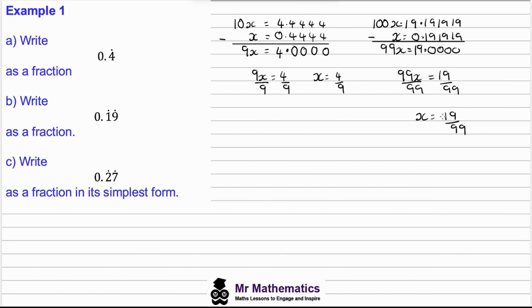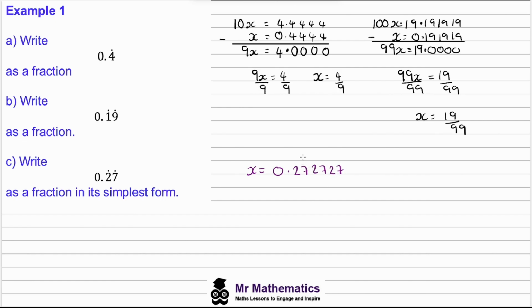Okay? Do you want to try and write 0.27 recurring as a fraction in its simplest form? You can pause the video and come back when you're ready. Okay, so we've got the 0.27. If we let this equal x, this will be 27, 27, and so on.